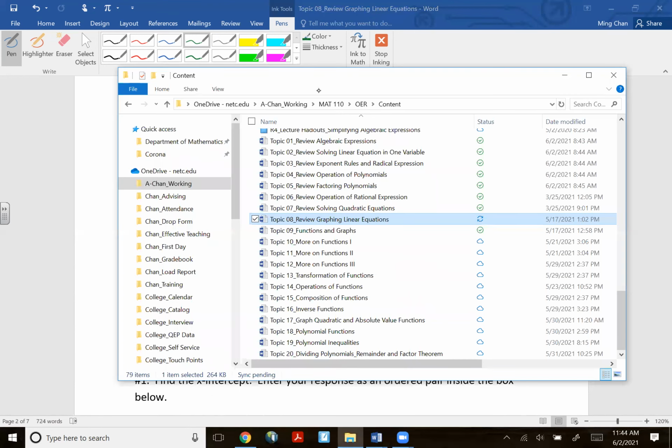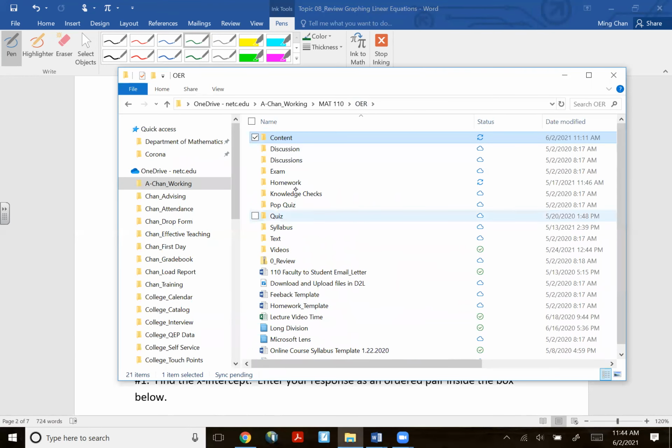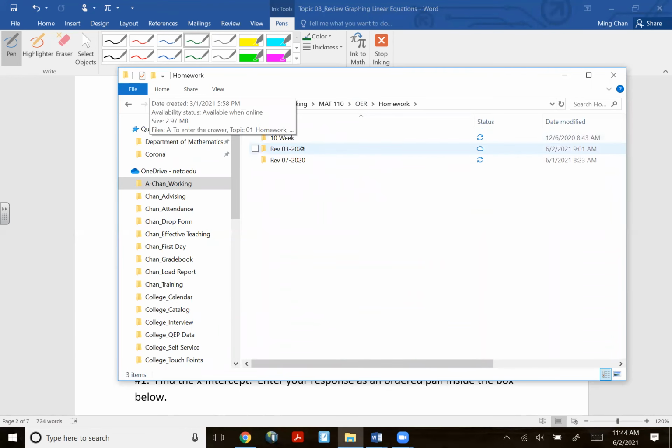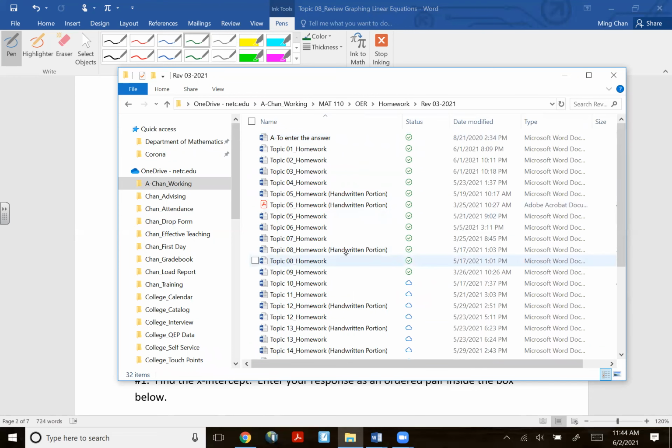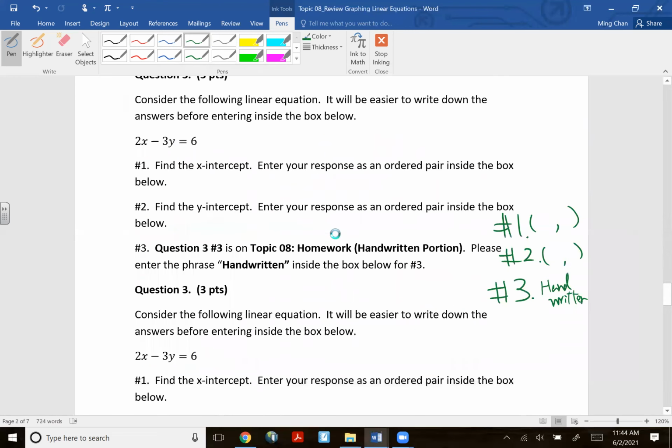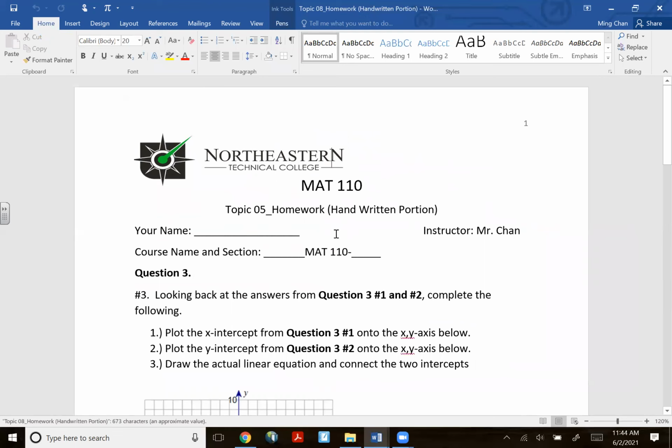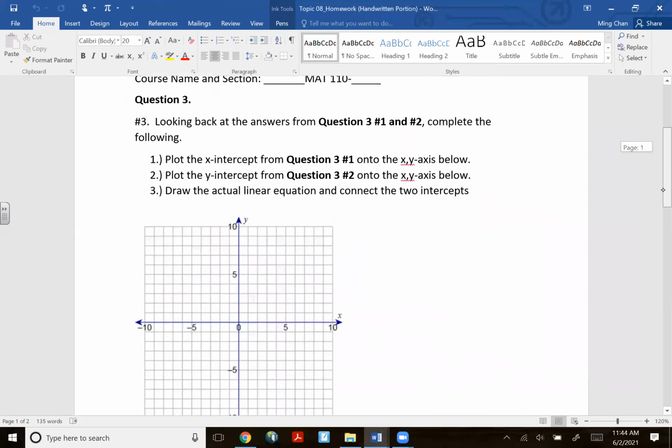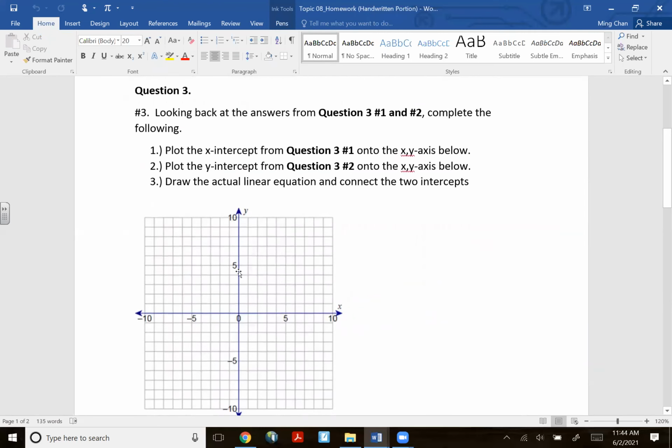So when it comes to the homework for the handwritten portion, for number 3, you type handwritten on the computer, but then you come here and see that number 3 simply wants me to plot the x-intercept and y-intercept, and actually draw the line by connecting the 2 points, whatever they are.